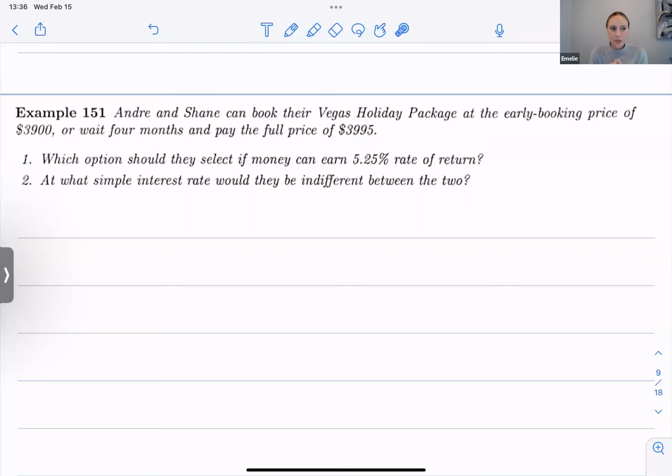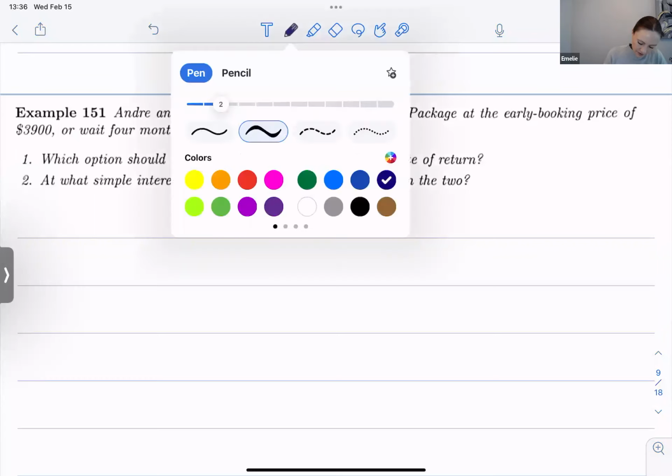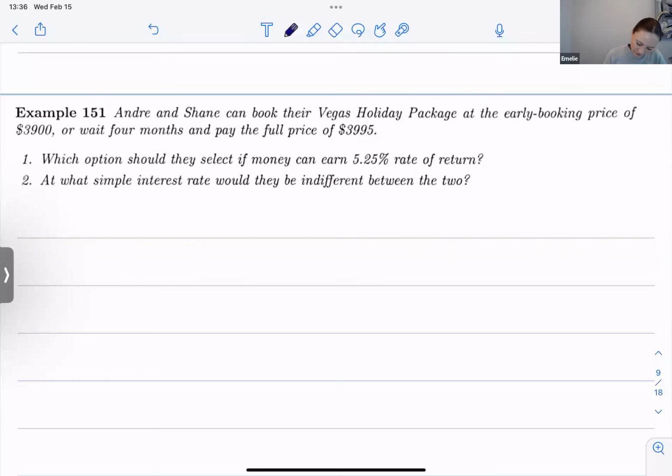All right. So here, let's just underline the days that we have. They can book an early booking price, and there aren't really any dates, but there are clues. They can wait 4 months and then pay the full price.